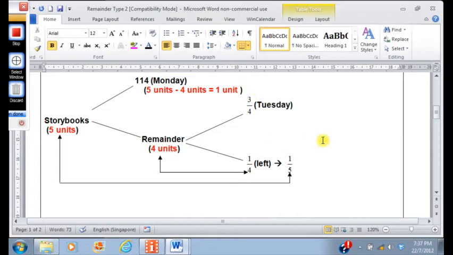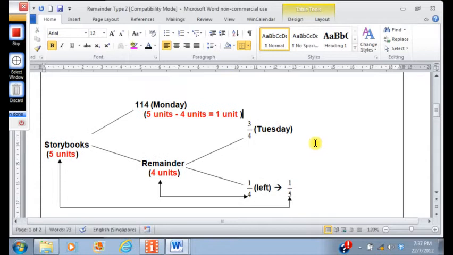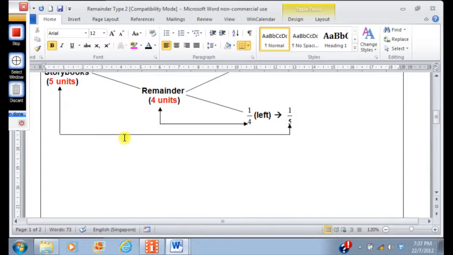Hey, do you see the beauty of the branch method? The 5 goes to here and the 4 goes to here. Why? Because the top number of these two fractions is the same. That means if this is 5, this is 4, what does number bond tell us? This has got to be 5 minus 4 equals to 1, which means now very easily I know 1 unit will be 114.